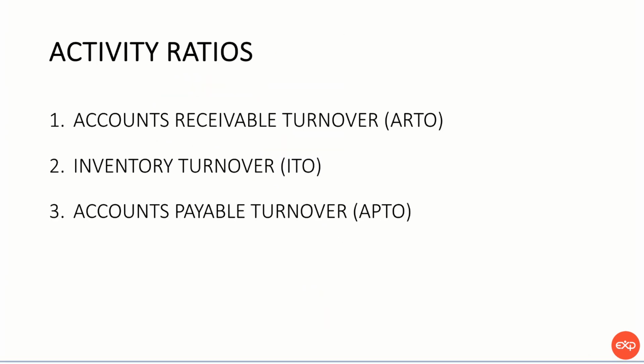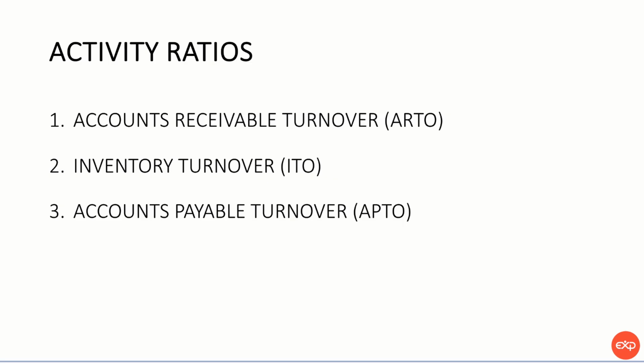What I've done with regards to the activity ratios is I've decided to split them into 3 batches. The reason is that it would be easier for students to understand and group the calculations together according to the batches, because the concept of the calculation would be very similar within a batch.